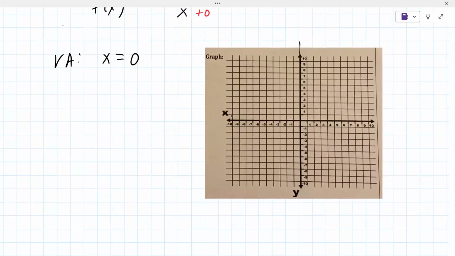So there's x equals 0 right there. I can't see it unfortunately. You're not seeing my screen? Are you making a graph right now? Yeah, it's just this line right here down the middle. I can't see it. I only see the VA x equals 0. Okay, let me stop sharing.